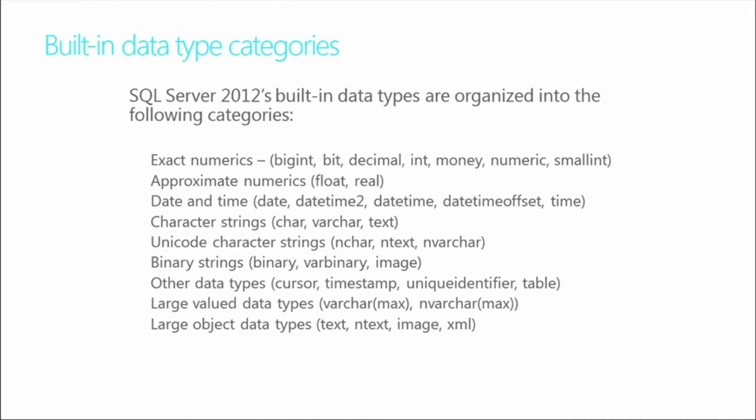Then binary strings, and some unique data types like timestamp or uniqueidentifier. Some of these are actually managed by SQL Server. Timestamp, for instance, takes a system time and applies it to the record. And we have a couple of other ones, large value data types and large object data types, which we will see for storing images or specifying the maximum amount that we want to allow in a particular field.